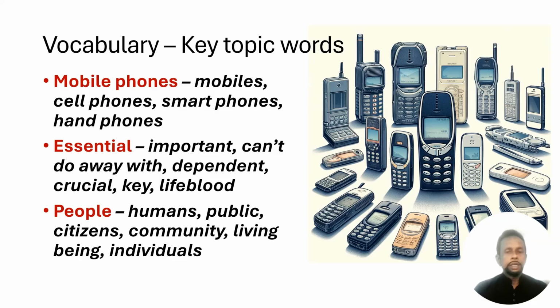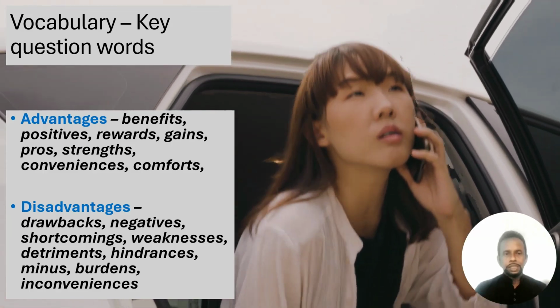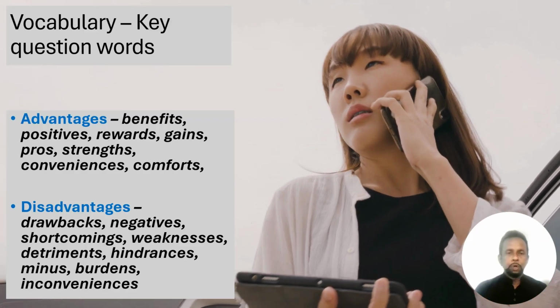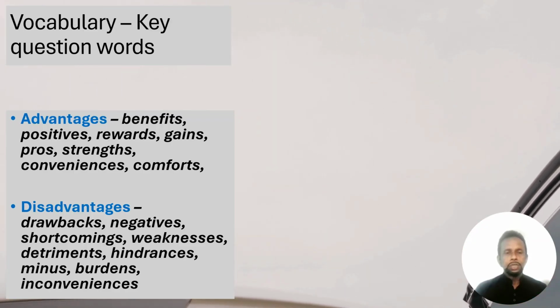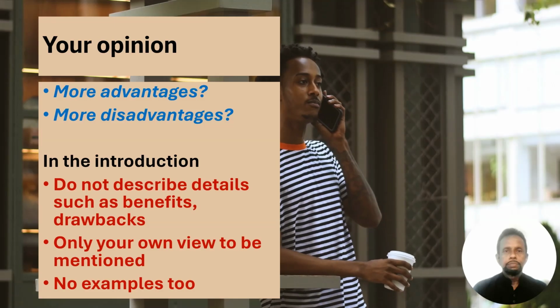You can use any options here. And now the key question words. Advantages, benefits, positives, rewards, gains, pros, strengths, conveniences, comforts. Disadvantages, drawbacks, negatives, shortcomings, weaknesses, detriments, hindrances, minus, burdens, inconveniences.